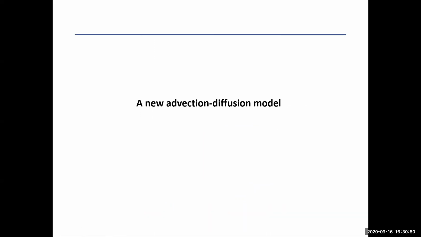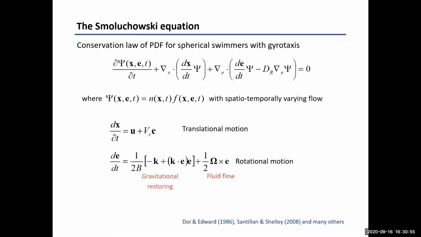So today I'm going to introduce a new directional diffusion model. Let me start from the Smoluchowski equations that I briefly introduced for generalized Taylor dispersion theory. But here, I'm not going to assume a constant velocity gradient tensor. I'm going to consider the entire flow, whatever is in the domain of interest.